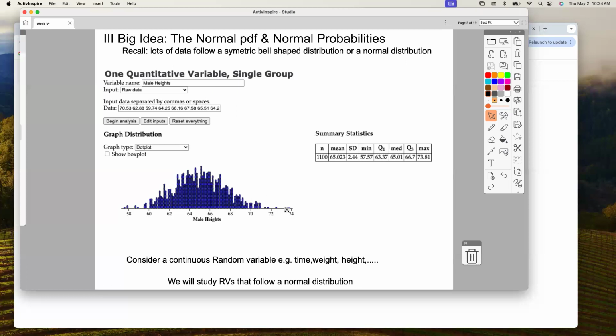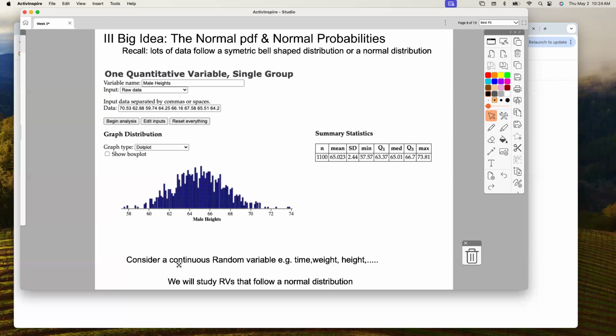And you could see that we do have some extremely tall people, extremely short people relative to the average, but on average, they're about 65 inches tall. And on average, we deviate about 2.44 inches from the mean.